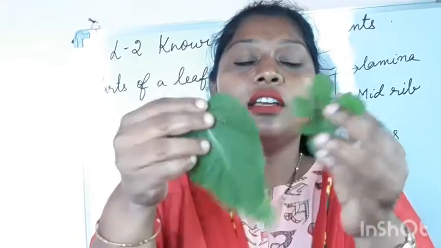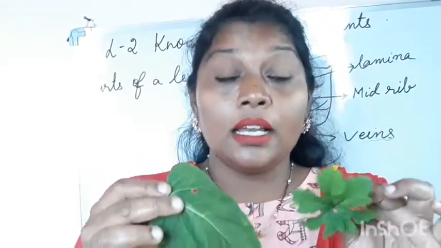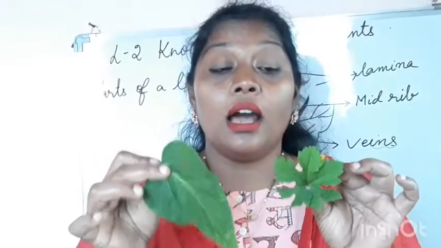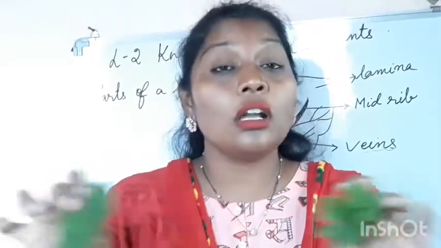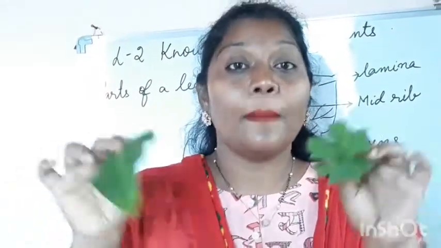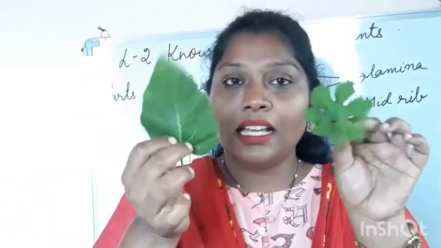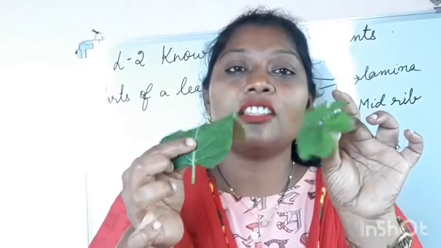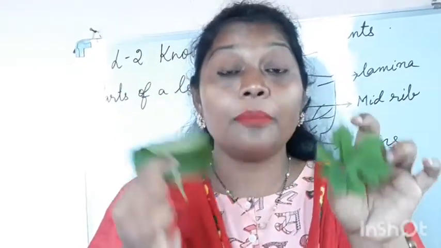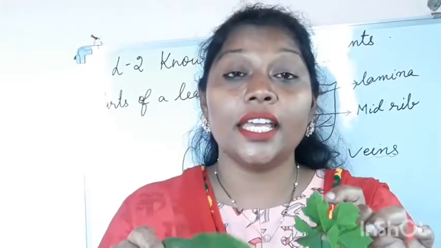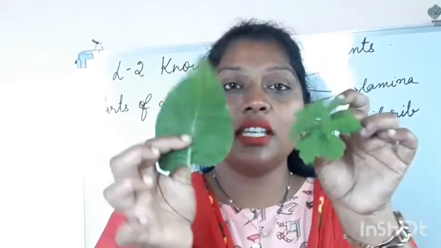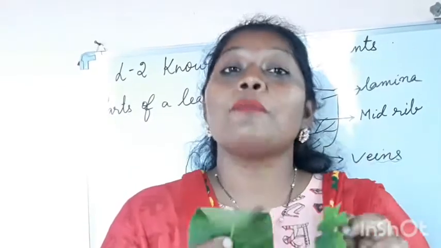Yes, children? Maybe the plants have leaves, stems, branches and so on as common characters. But when you observe the structure of the leaf, the shape and the size of the leaves vary. Okay children, if you look simply, you can observe them.